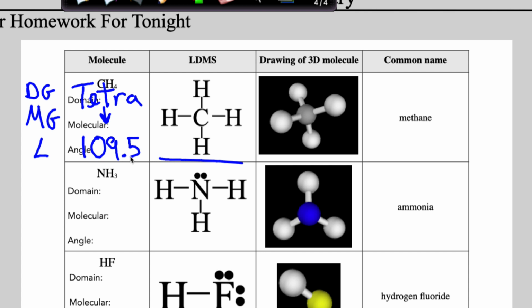If the domain and molecular geometries are the same because all of the domains are bonding, then the angles are the pure angles, and it'll be 109.5 without the less than in front, because it doesn't have any non-bonding domains to muck up the structure. Questions? Yeah, Keith. So, domain geometry, molecular geometry, and angle. Is that okay?